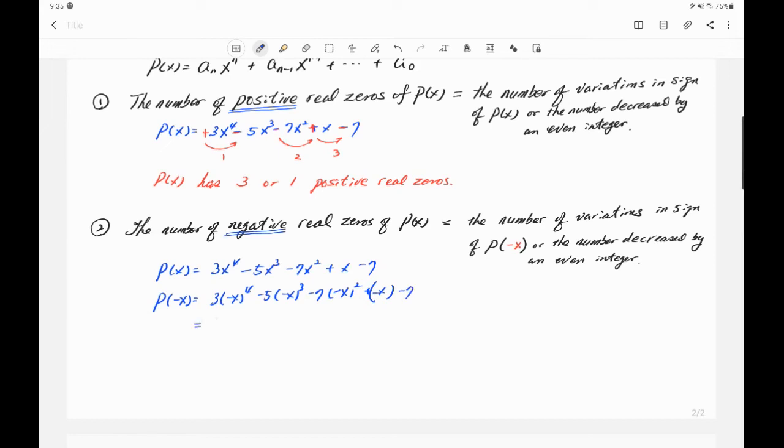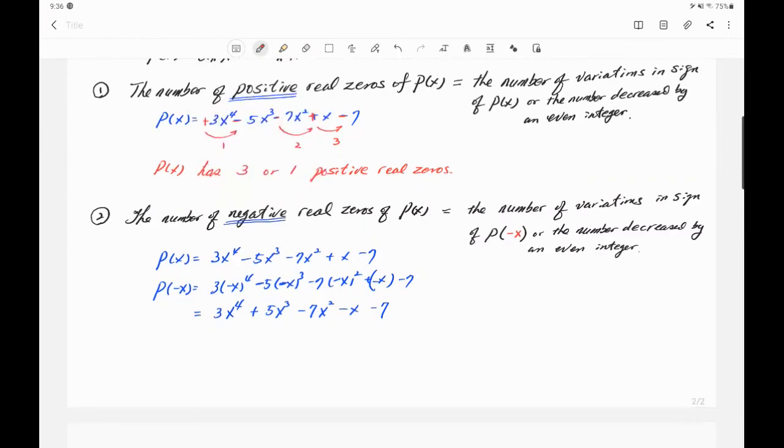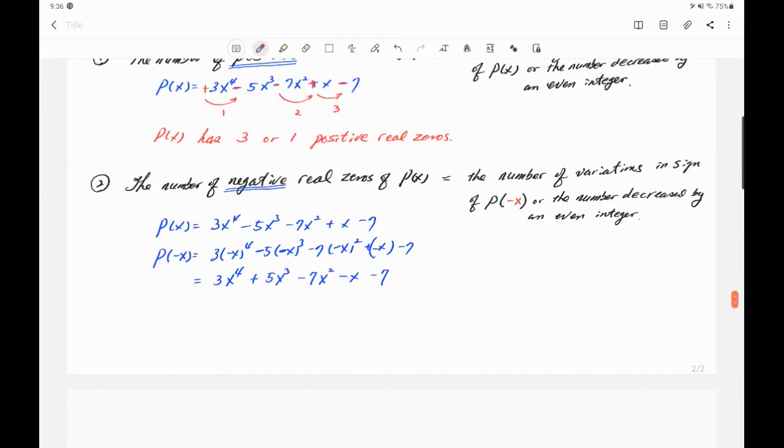Then x to the 4th power is unchanged, and x cubed becomes negative, so negative times negative is positive. It became positive 5x cubed, then negative 7x squared, then negative x minus 7.